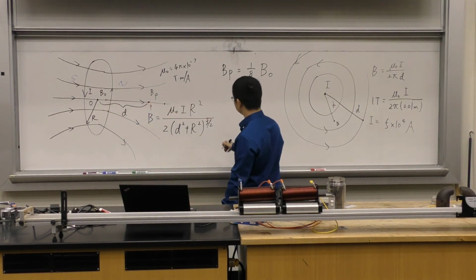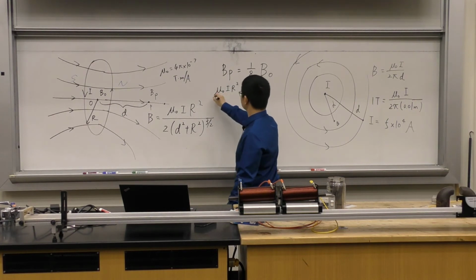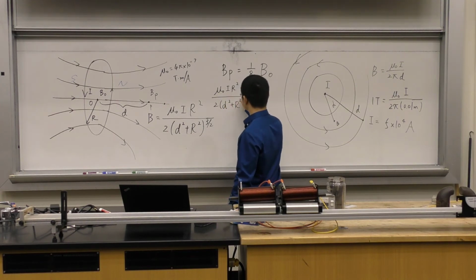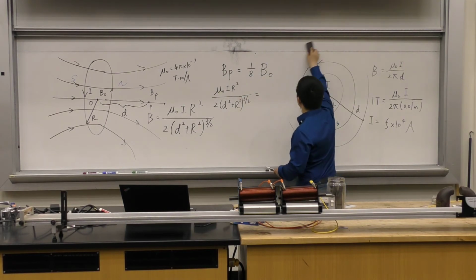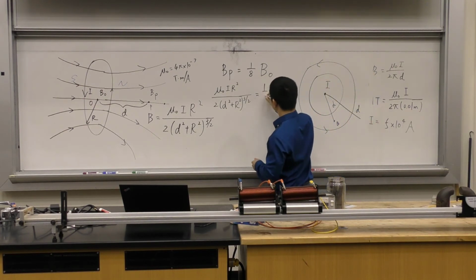Now let's set it up. This guy, I'm going to just write this complete equation: I R squared over 2 times (D squared plus R squared) to the power of 3/2. Now the 1/8, that's the number, leave it here.